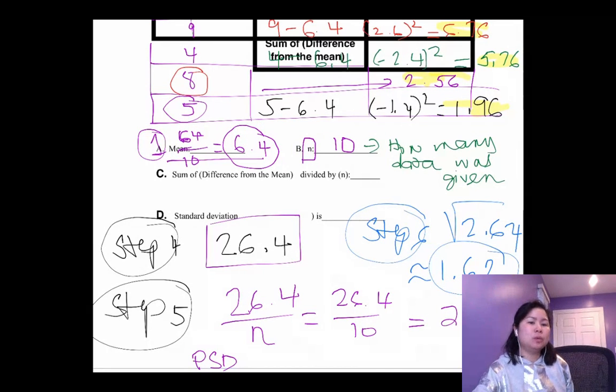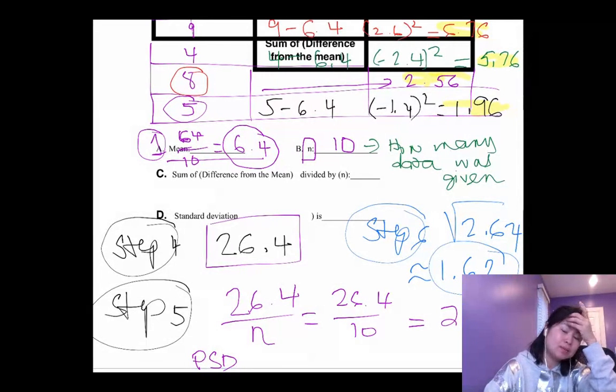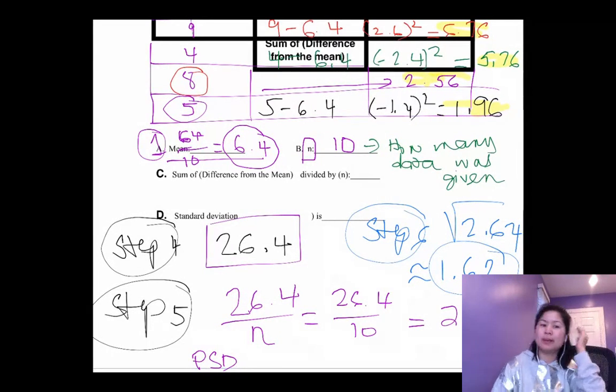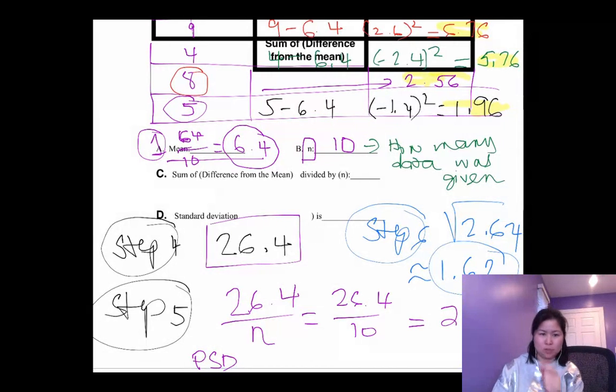N minus 1, if I'm asking to find the sample standard deviation, but in this problem, I have all the gains. So for this one, I'm asking for the population standard deviation, so I don't need to minus 1. Okay, for those who have been asking me that question because you get confused on do I minus 1 or no?